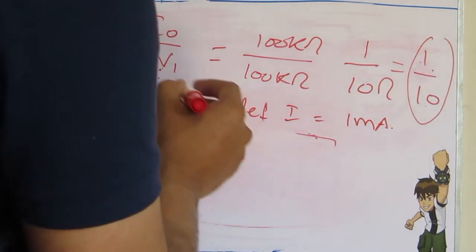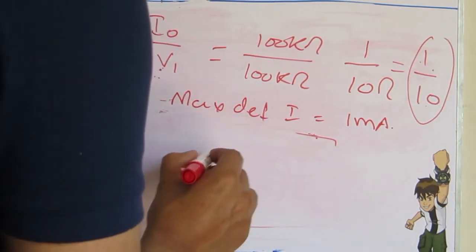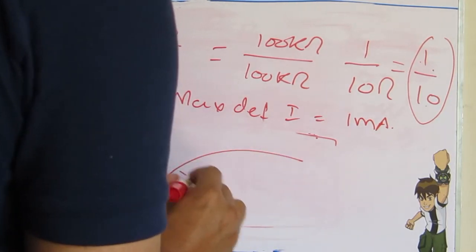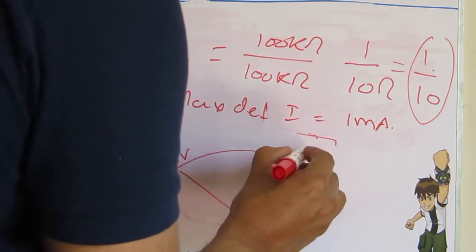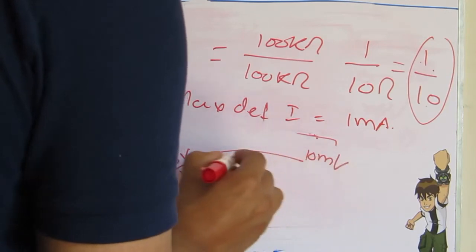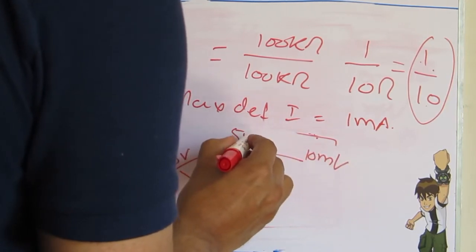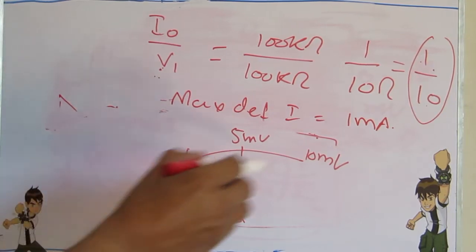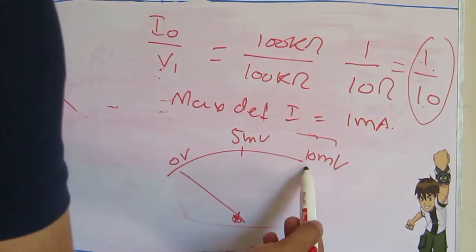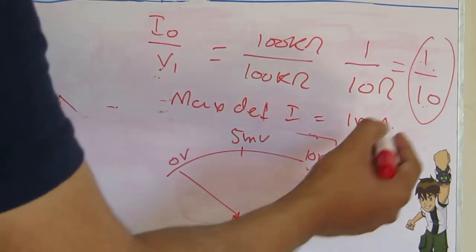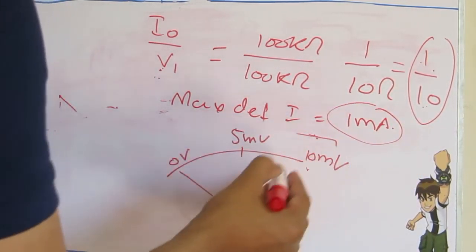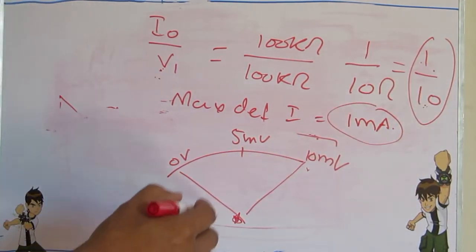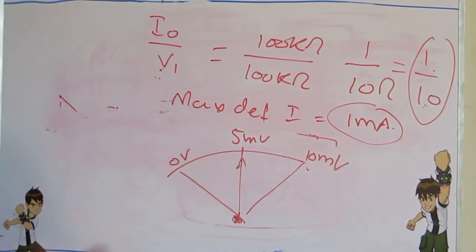Let me draw it over here: 0 volts, 10 millivolts, and here would be 5 millivolts. So this would be your scale. You apply 10 millivolts, you get 1 milliampere current, which causes maximum deflection, here. If you apply 5 millivolts, that will cause half scale deflection, here.